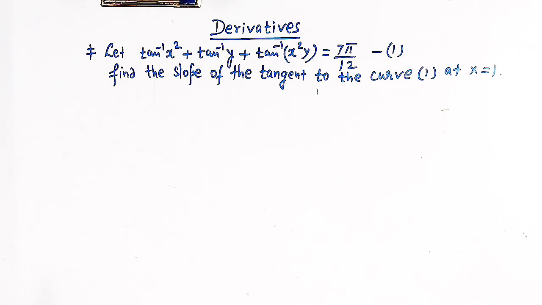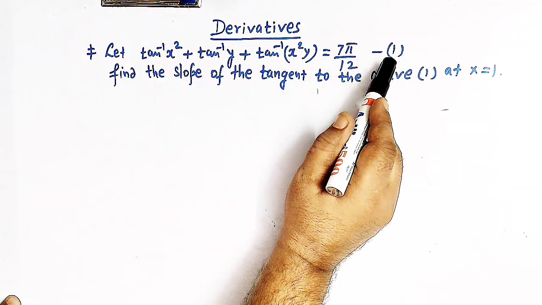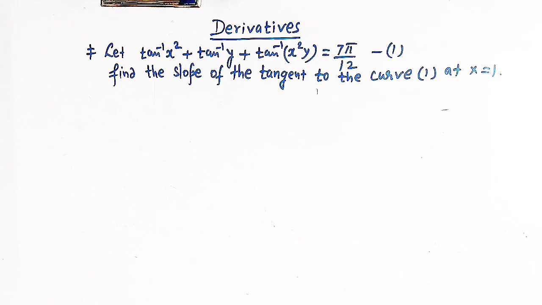So in this problem, we have to find the slope of the tangent to the curve represented by equation 1 at x equal to 1.